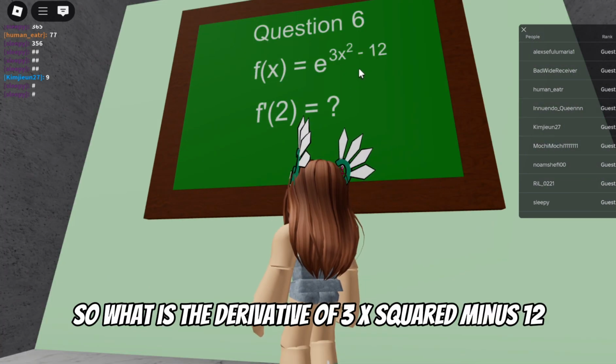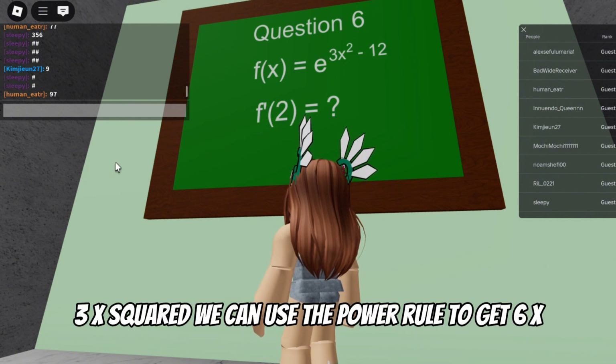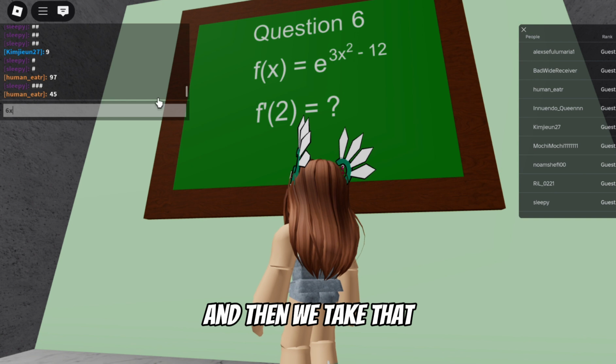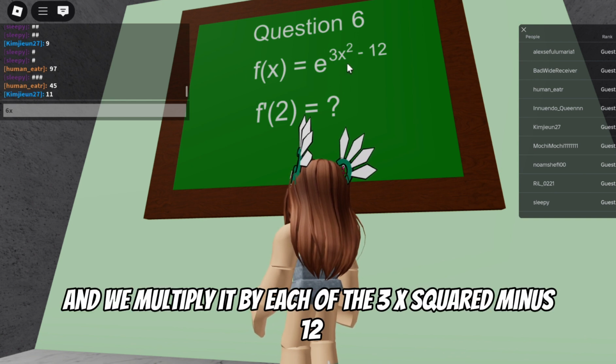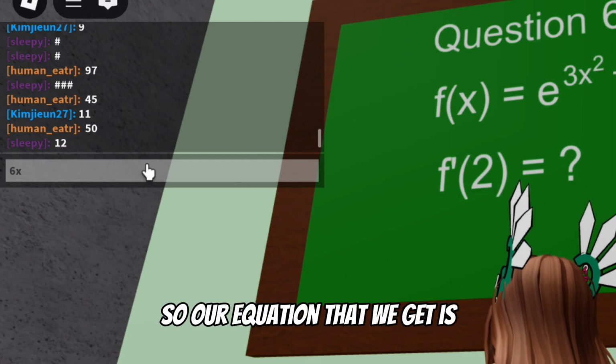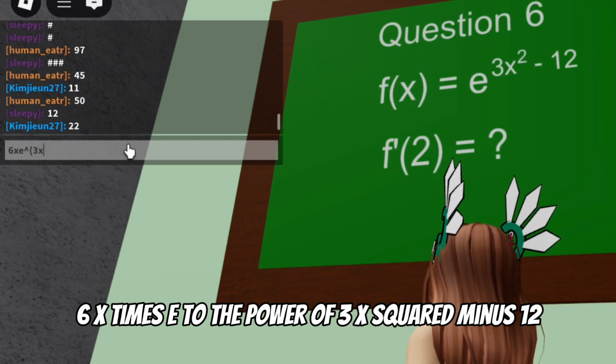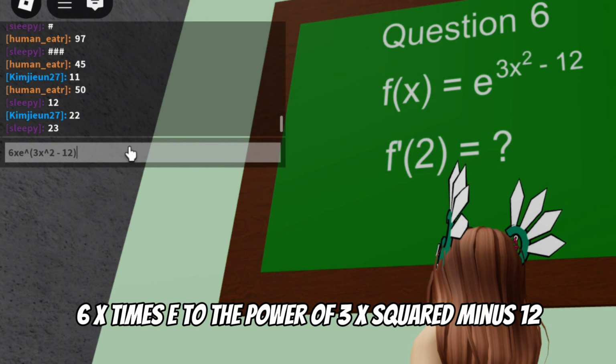So what is the derivative of 3x squared minus 12? 12 is a constant, so the derivative of that is just 0. For 3x squared, we can use the power rule to get 6x, and then we multiply that by e to the 3x squared minus 12. So our equation is 6x times e to the power of 3x squared minus 12.